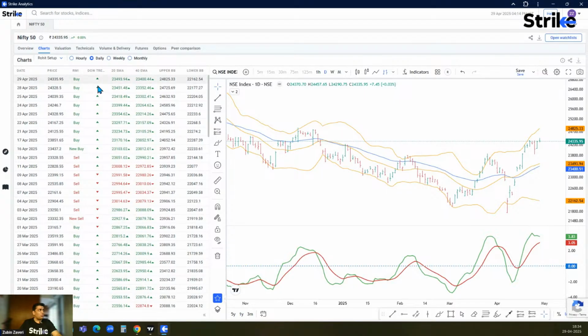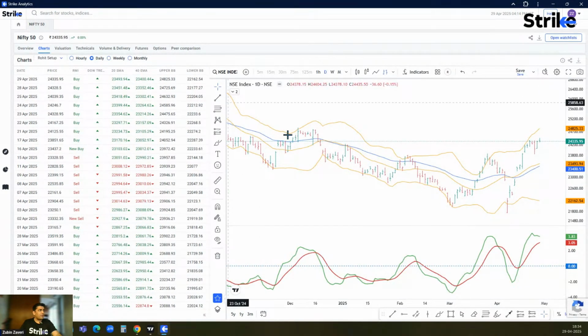Then we also have Dow trend. Okay, is it up? So a green arrow indicates that the trend is up. A red arrow indicates that the trend is down. All right. Along with that, we have 20 SMA. We have 40 EMA on the chart. The center yellow line is the 20 SMA, which is also called a median line.